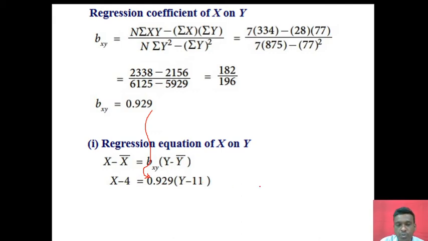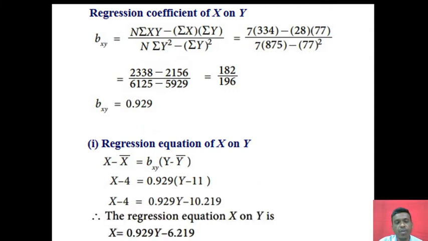So just substitute. After substituting, you have to calculate this. What happens here is x minus 4 equal to 0.929y. You have to multiply this and this first, open the brackets, that is you have to multiply this and this and then this and this.